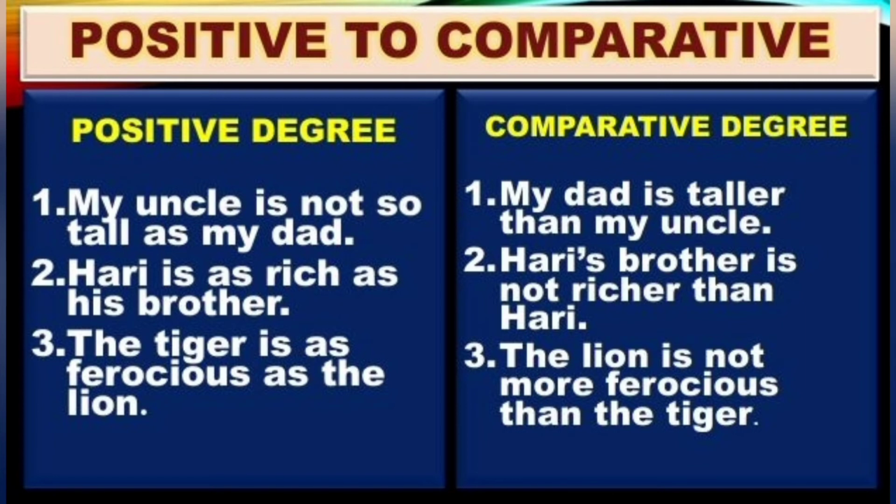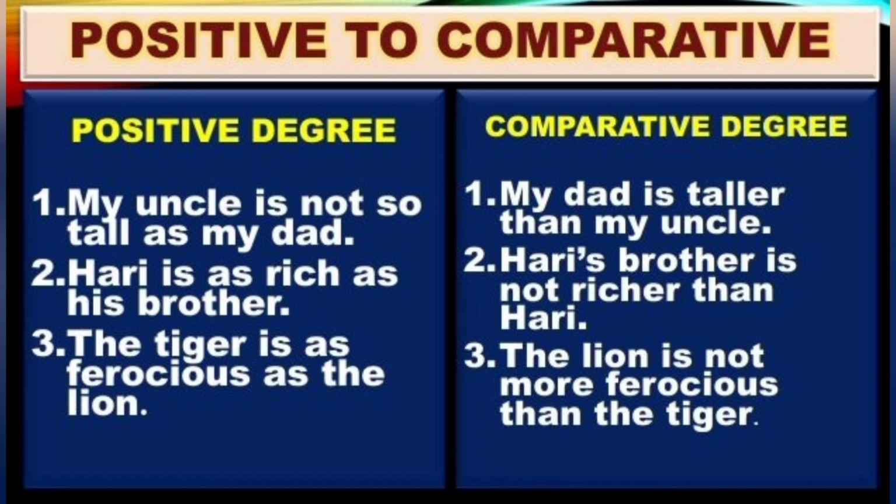And as I told you, the first and the fourth part interchange places. The first part is my uncle and the fourth part is my dad. These first and fourth parts exchange places. Let's see. So in comparative degree, my dad comes first, which is the fourth part.